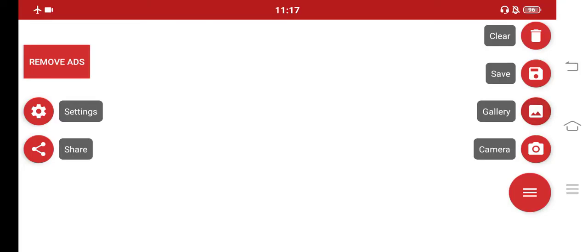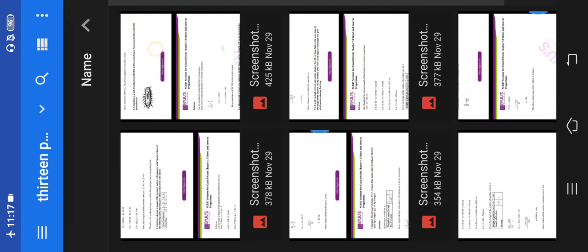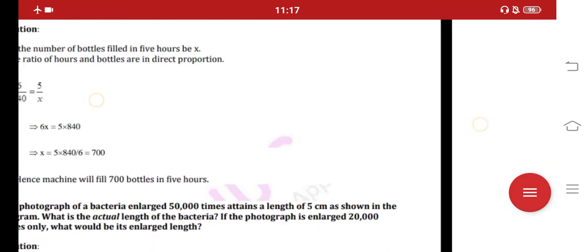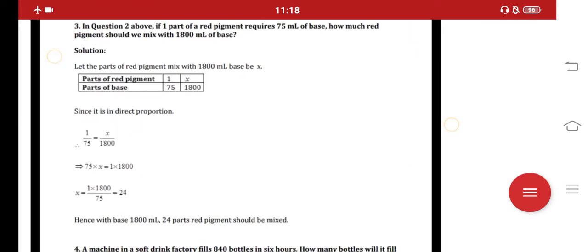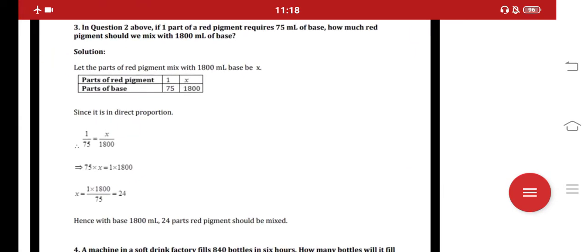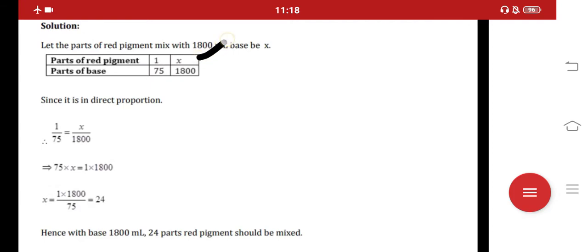Okay, let me show you what is given in question number 3. So see, this is question number 3, and it refers to the setup of question number 2. If one part of red pigment requires 75 ml of base, how much red pigment should be mixed with 1800 ml of base? Again, what we have to do? One we have to take as x, another we have to take as y. So for one part of red pigment, 75 means here x1 upon y1.